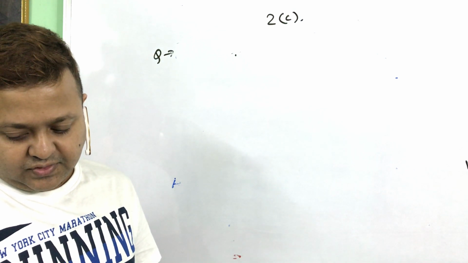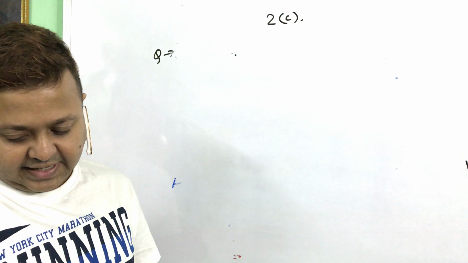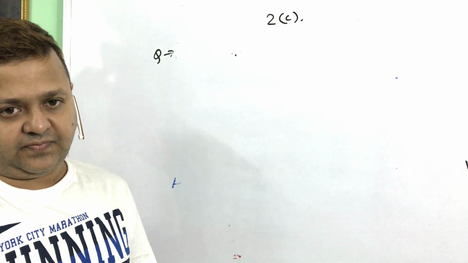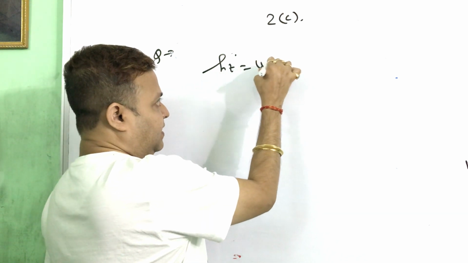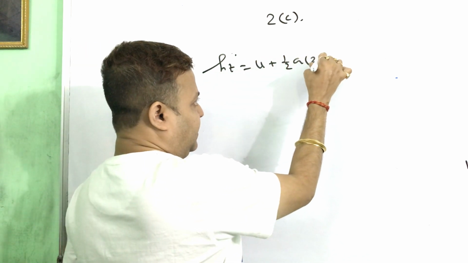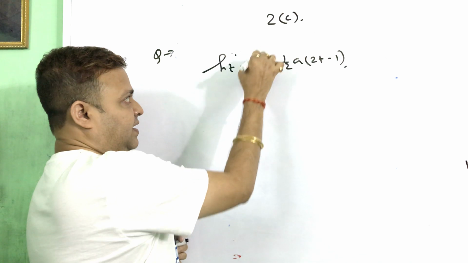The distances fallen during successive seconds are in the ratio of, that is, we have to find the height at each time interval.